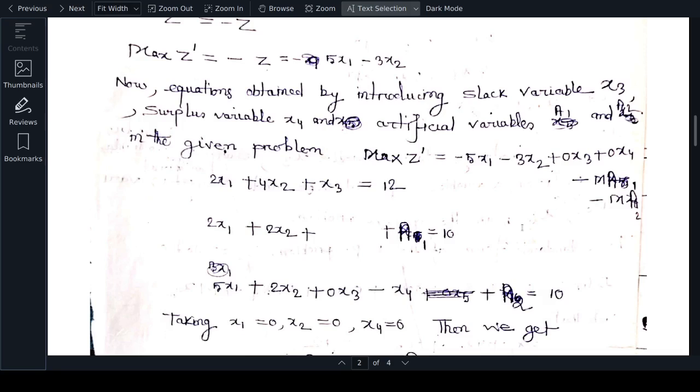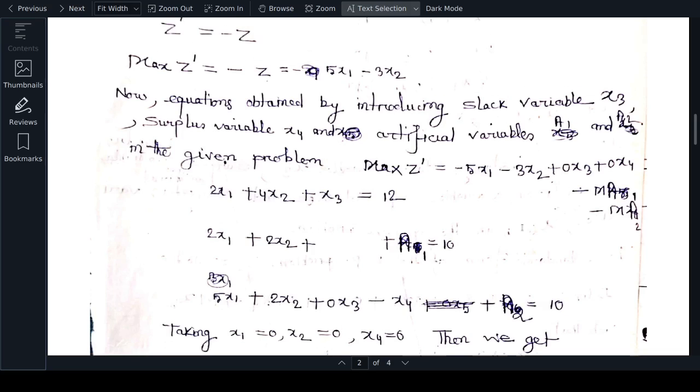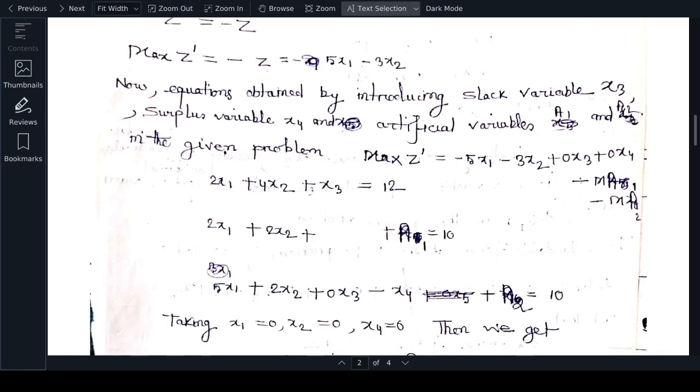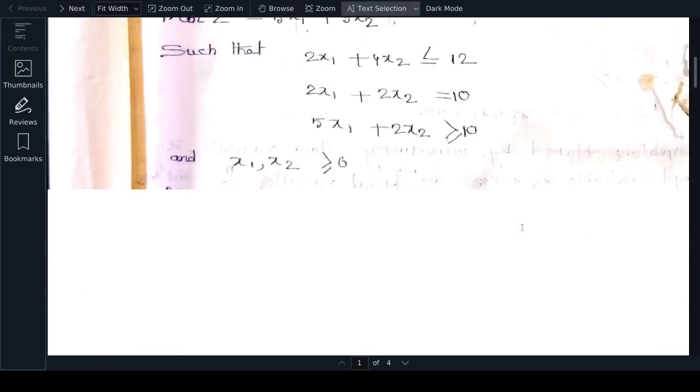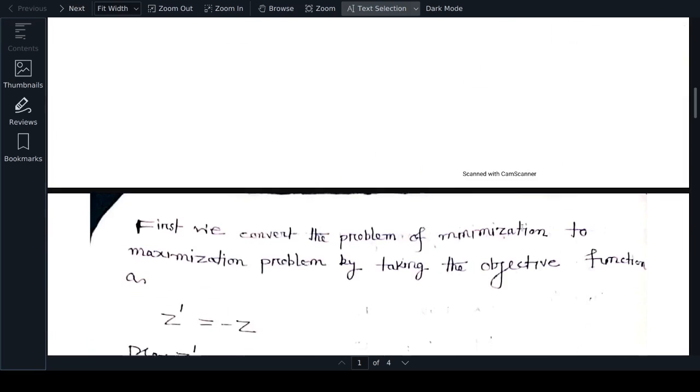So we consider X1, X2, and X4 equal to 0. So here X3 equals 12, A1 equals 10, and A2 equals again 10.